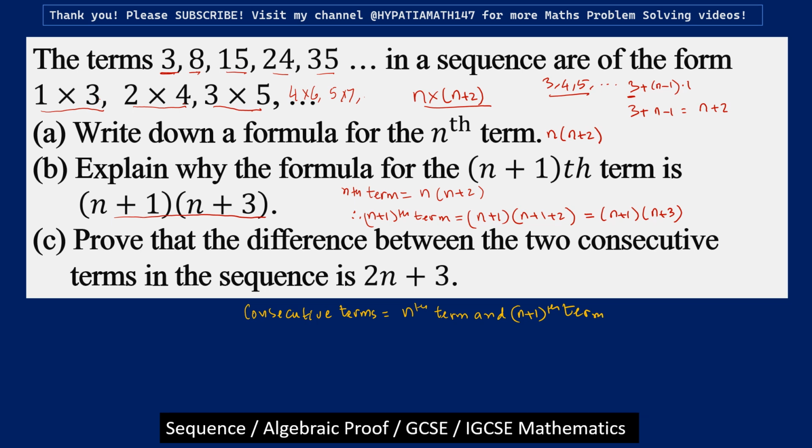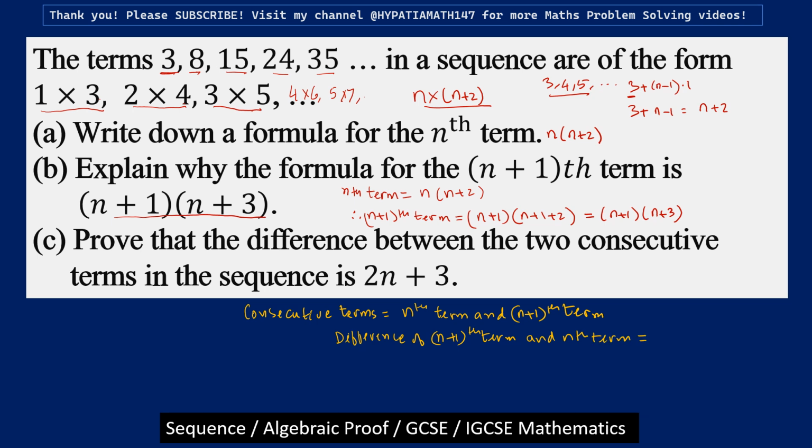So these are consecutive terms of the sequence, and the difference between two consecutive terms would be the difference of the n plus 1th term and the nth term.